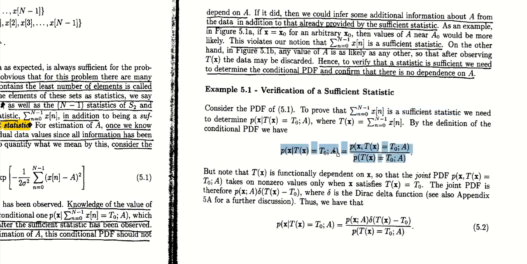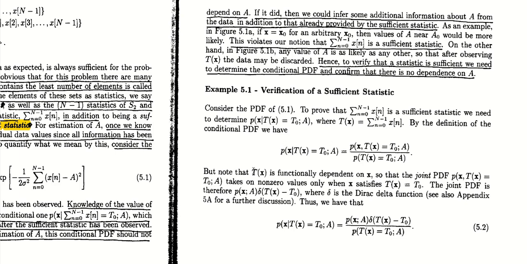When you have a probability density function of X conditioned on the two parameters, it can be written in this way by using Bayes' rule, 贝氏定理. If you review Bayes' rule, you will find that this is a probabilistic identity.